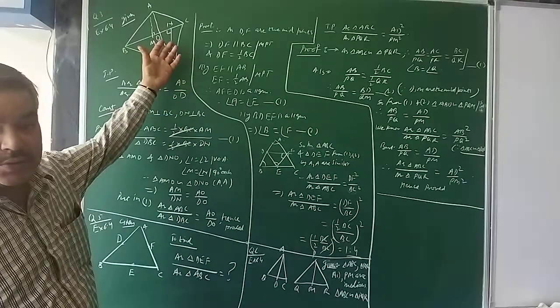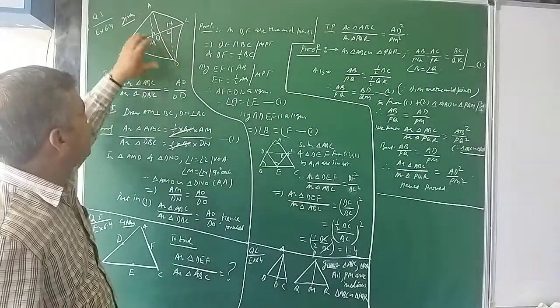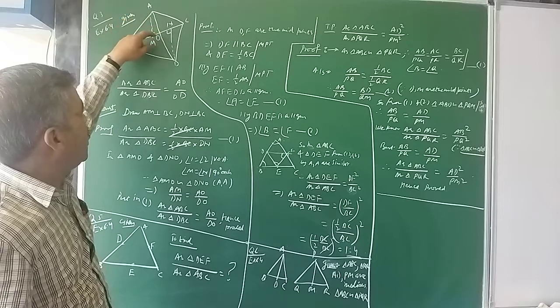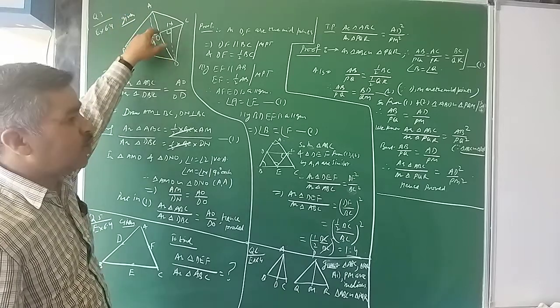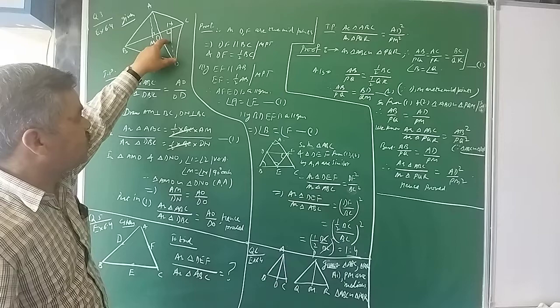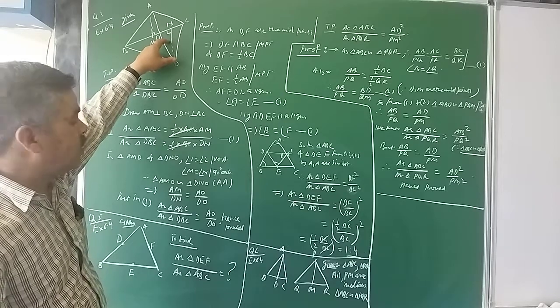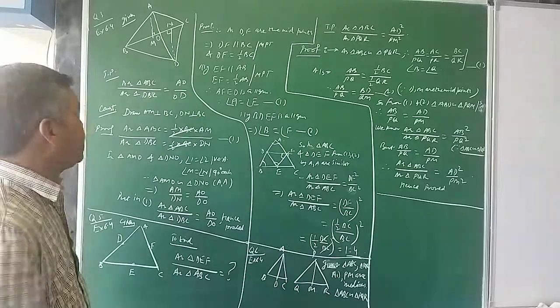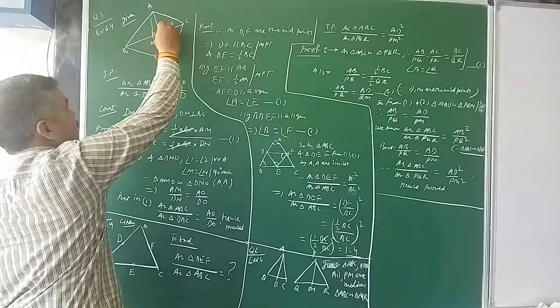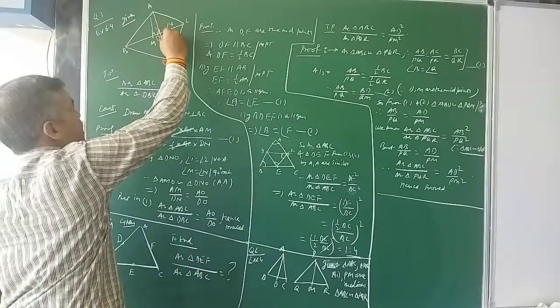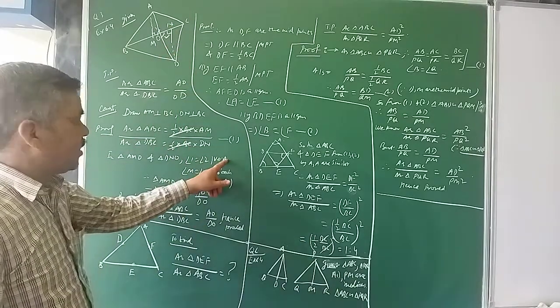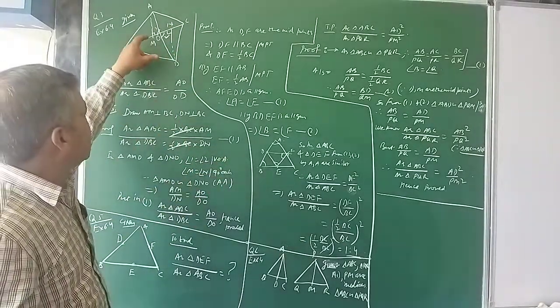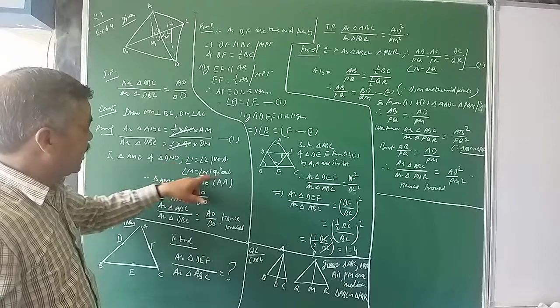Let us go back to this figure now. And here you see AOM and DON are the parts of these two triangles. So I simply have to check whether these two triangles are similar or not. So you see here, if I observe these two angles, 1 and 2 are vertically opposite angles, and these angles M and N are the right angles.